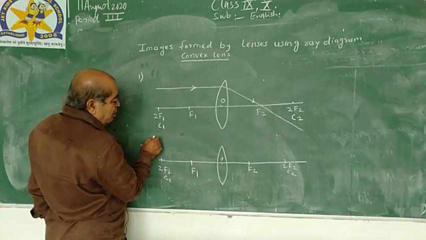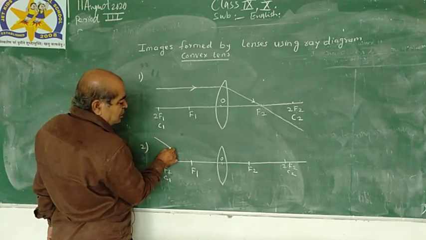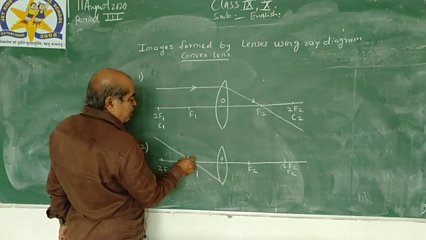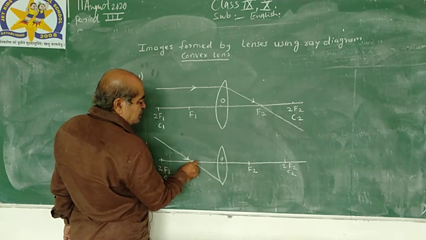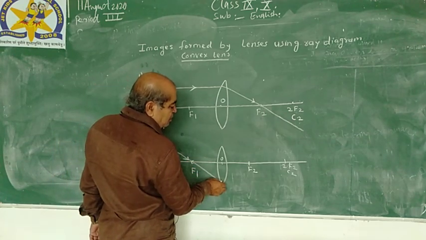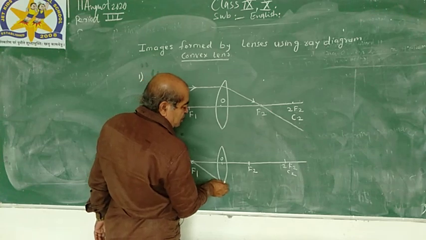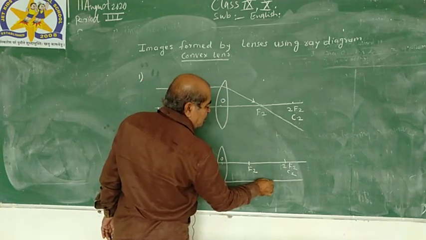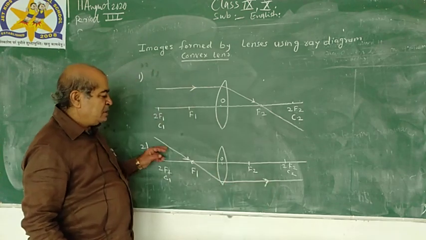When a ray of light is incident on the convex lens passing through the principal focus, then after refraction the ray emerges parallel to the principal axis.